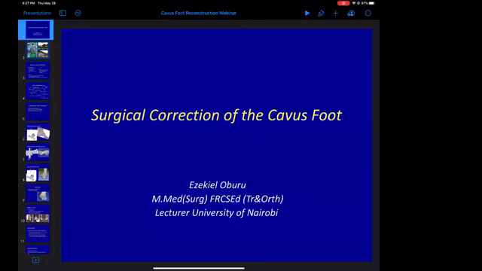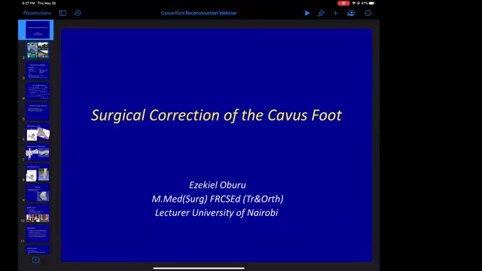So if the deformity came much later, then it's not a clubfoot, because clubfoot is congenital. It's a congenital talipes equinovarus. And the way you treat a clubfoot is not the way you treat a cavovarus foot.